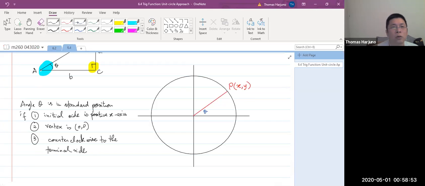So that angle theta is from positive x-axis going here.